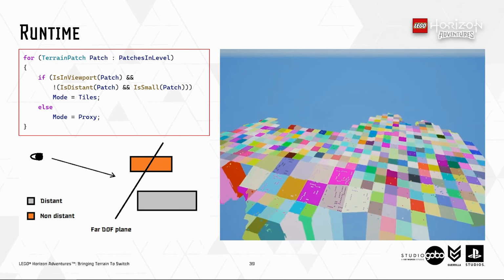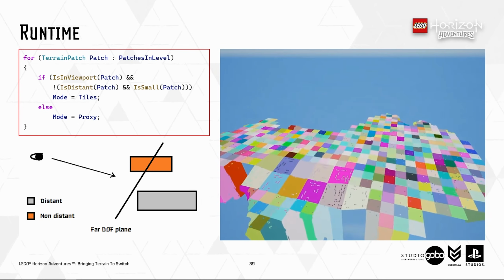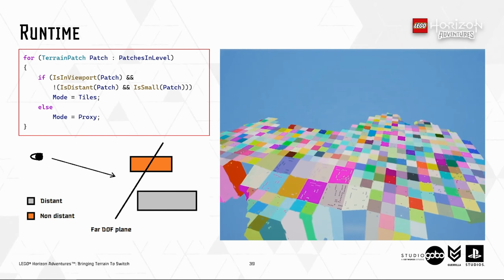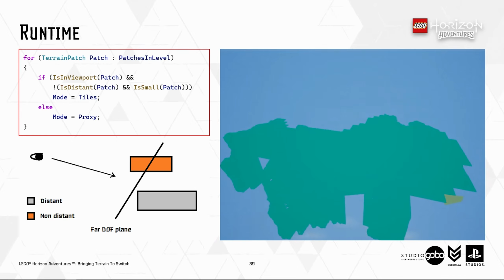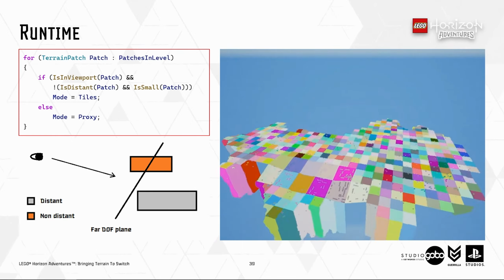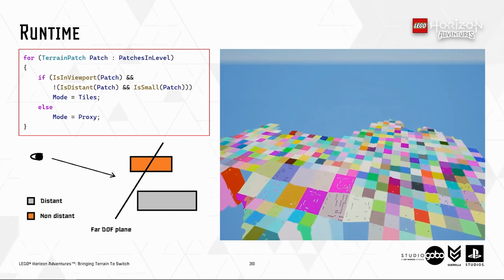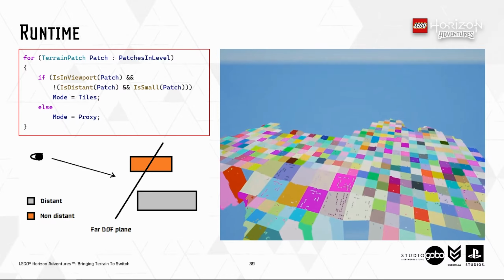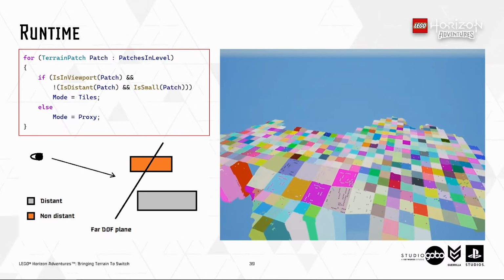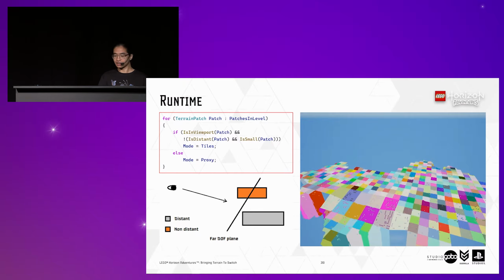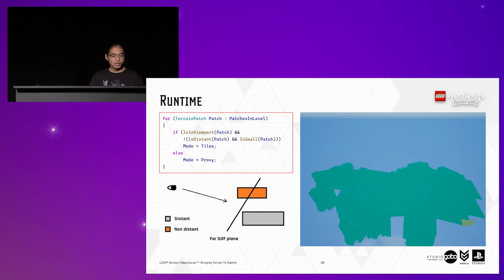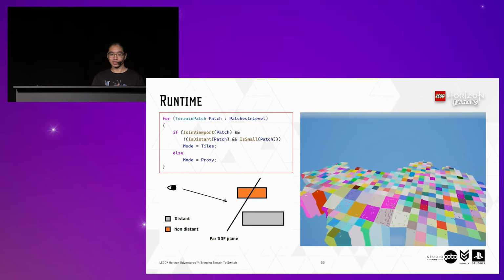So the second part of the puzzle is to actually display the merged mesh at runtime. I use a very simple algorithm based on the bounding box of the terrain patch to determine if the size is below a certain threshold, it's going to be small. If all the vertices of the bounding box are behind a far depth of field plane, an imaginary plane, like the image in the bottom left, it would be considered distant as well.